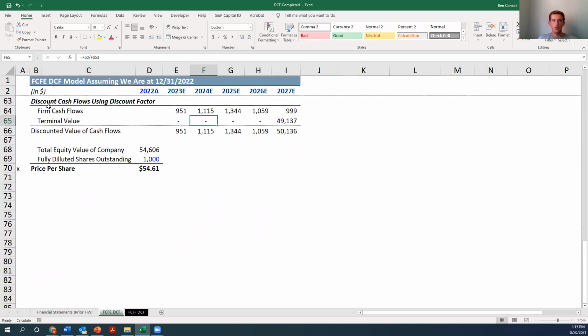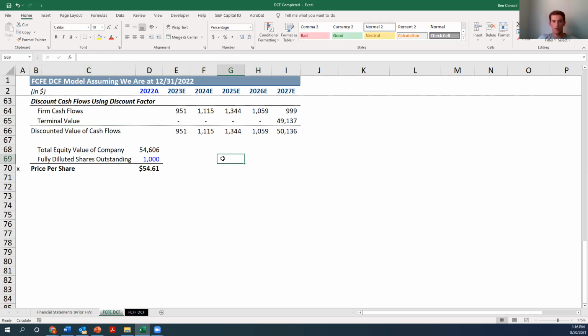You're going to do that for the free cash flow to equity holders, as well as the terminal value for the equity holders. And you're going to culminate that into the discounted value of all the cash flows to the equity holders. From there, you come to the total equity value of the company, which is just the sum of all these cash flows. That gets you the holistic picture of what the equity value as a whole is today. From there, you have to convert that to a per share price.